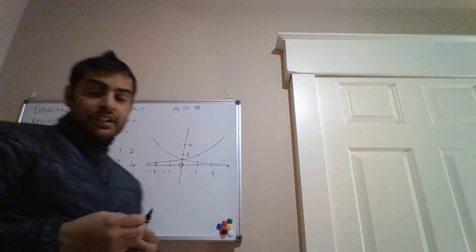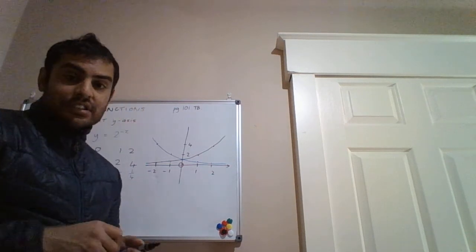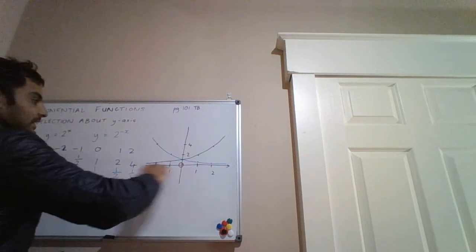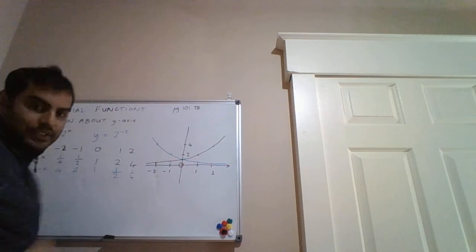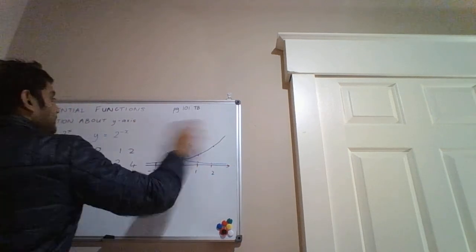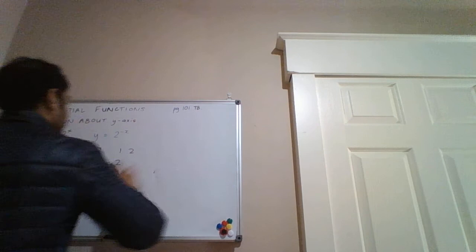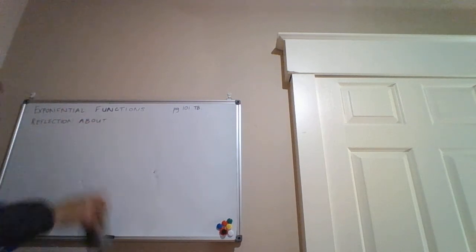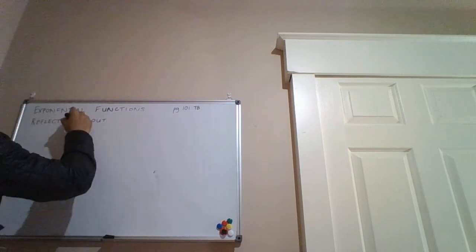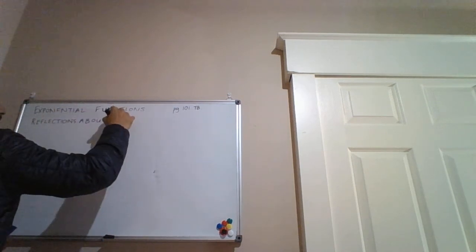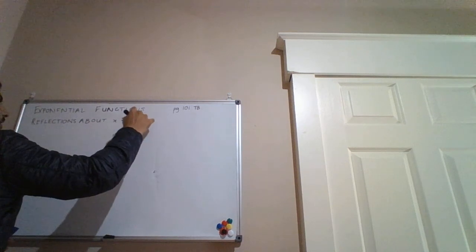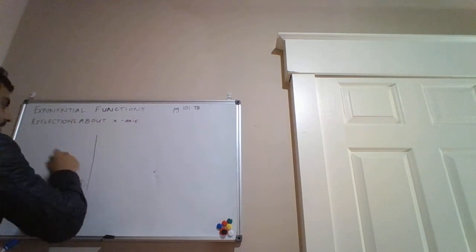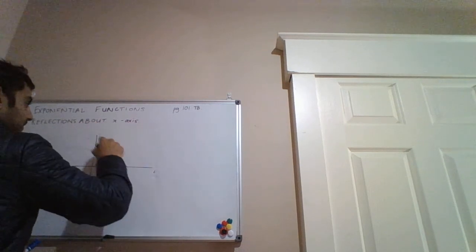Okay, moving on, we're going to talk about reflections about the x-axis this time. So this is our x-axis and we flip the graph this way. Reflections about the x-axis. Before we start, let's just look at a little example.